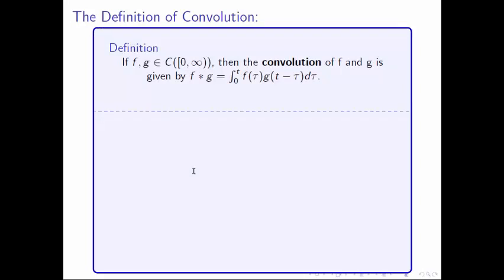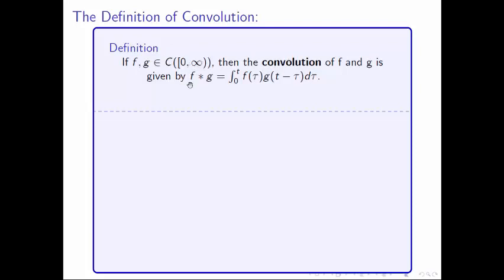The next thing I want to do is introduce the operation of convolution. In the last section we learned about the Heaviside function. Here, this is an operation between two functions that are continuous on the interval 0 to infinity. If you remember, in this notation, it means that f and g are in the class of continuous functions on this interval.